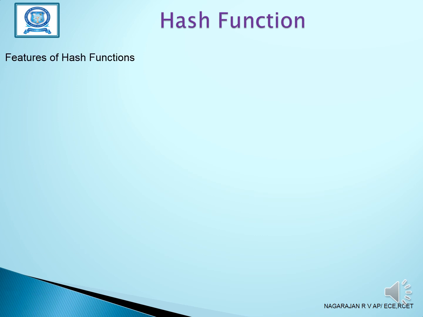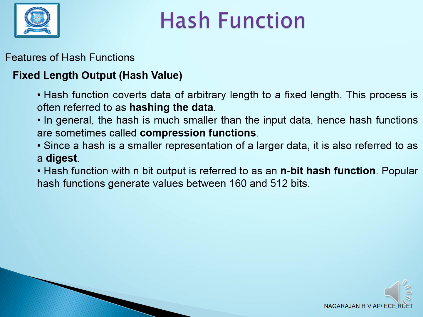Now let us see the features of a hash function. The first feature is a fixed length output hash value. A hash function converts data of arbitrary length to a fixed length. This process is often referred to as hashing the data.